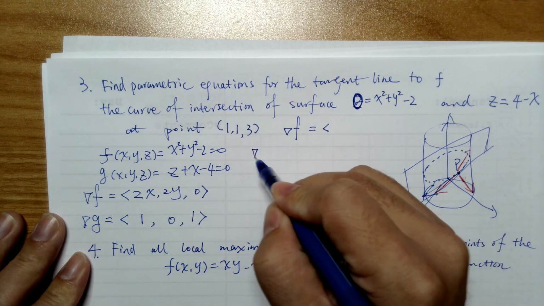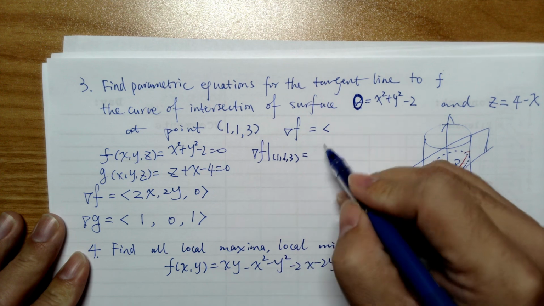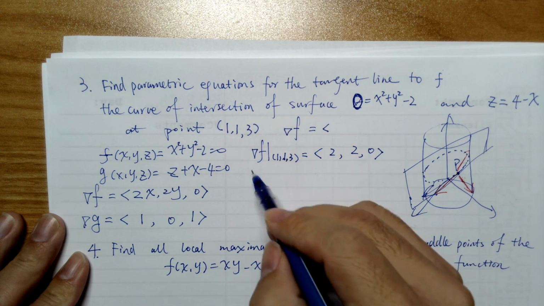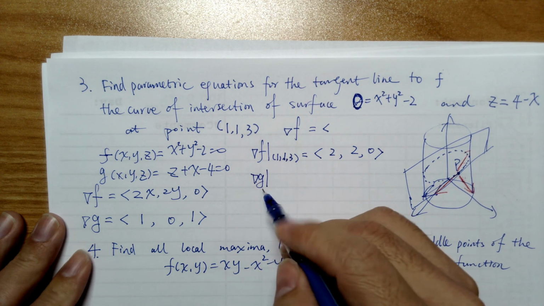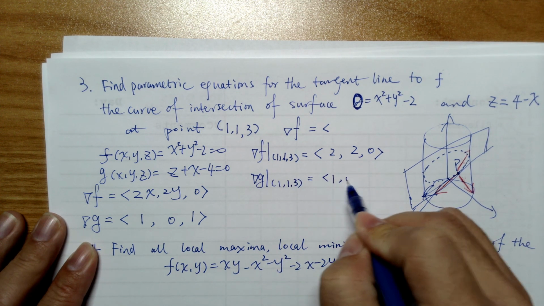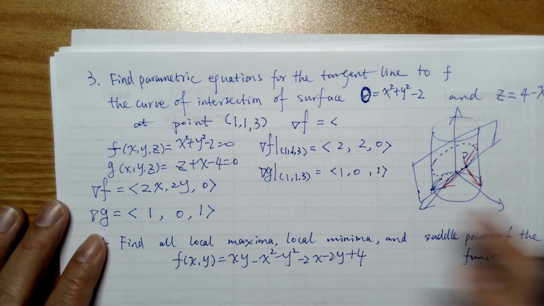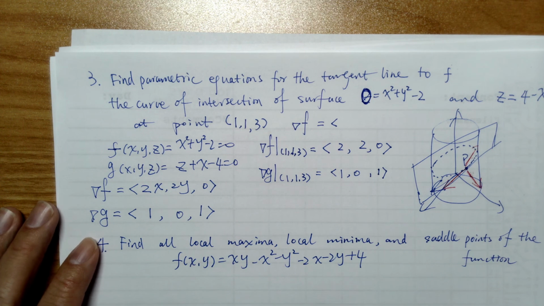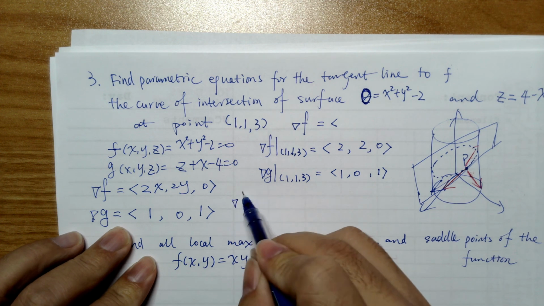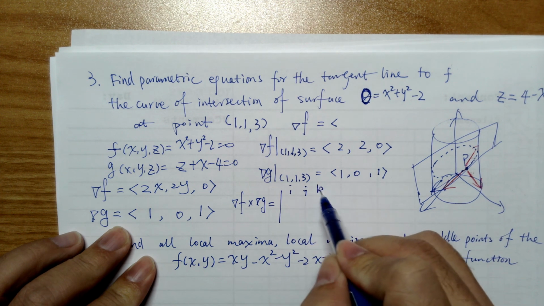The evaluation at (1, 1, 3) of the first gradient is (2, 2, 0), and the gradient of g at (1, 1, 3) is still (1, 0, 1). After we get that, we need to do a cross product with i, j, k, you still remember that?